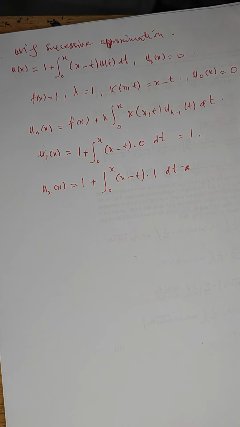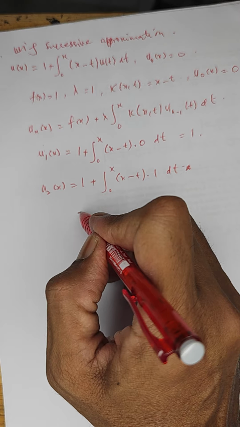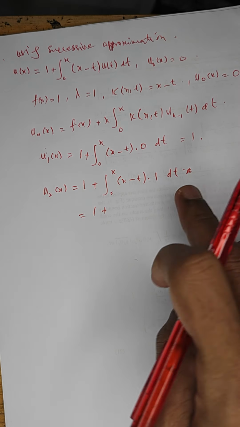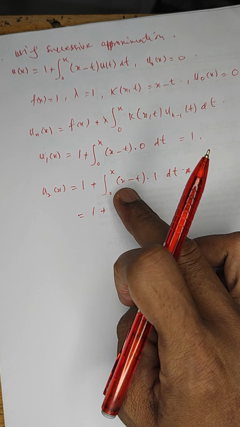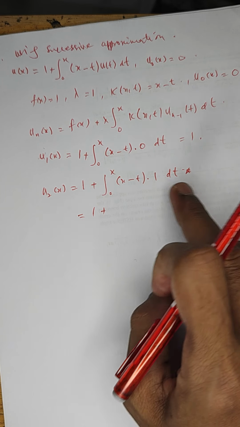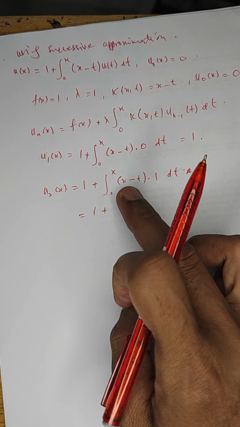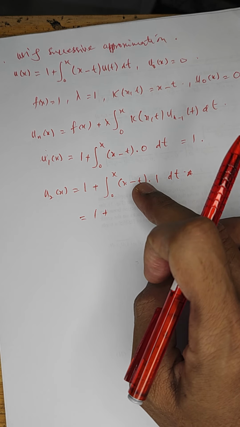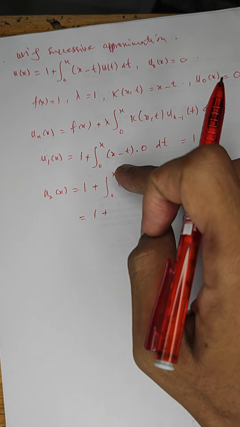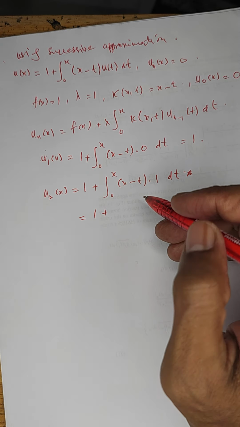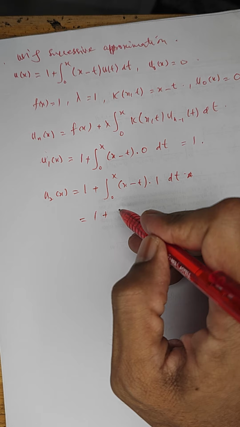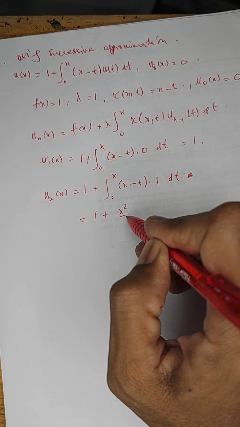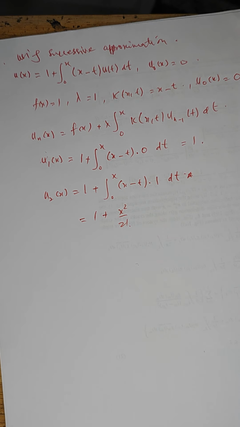Okay, so if we evaluate those integrals, what we have is 1 plus the integral of (x minus t) dt, so we have xt minus t squared over 2, and then evaluate from 0 to x. So what we have is 1 plus x squared over 2 factorial.